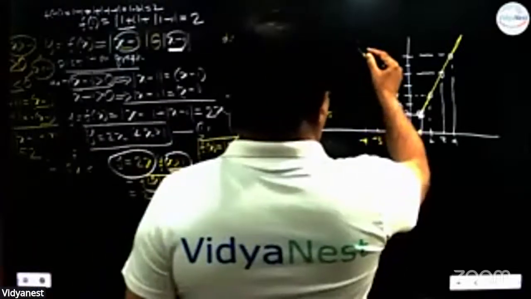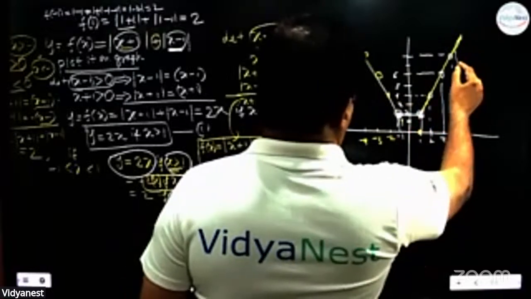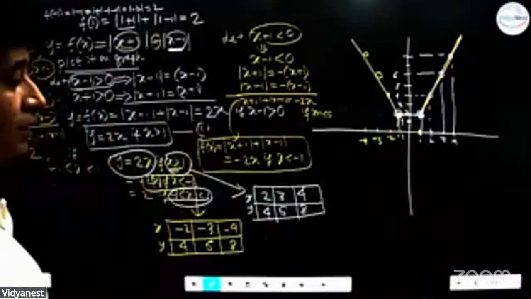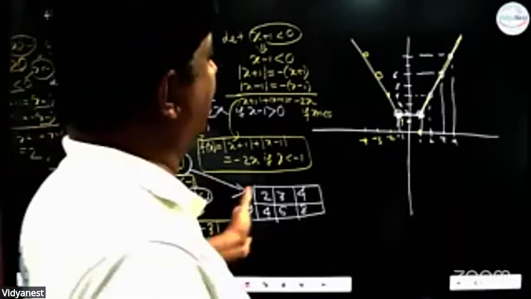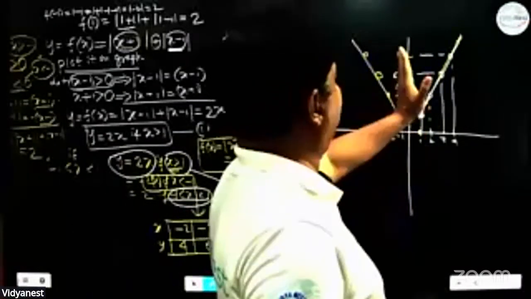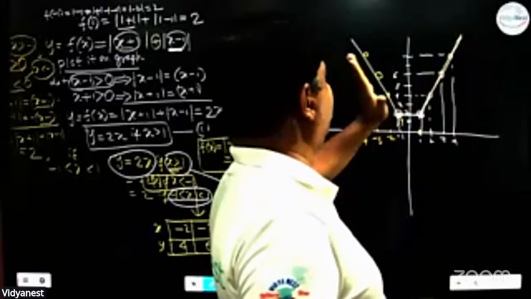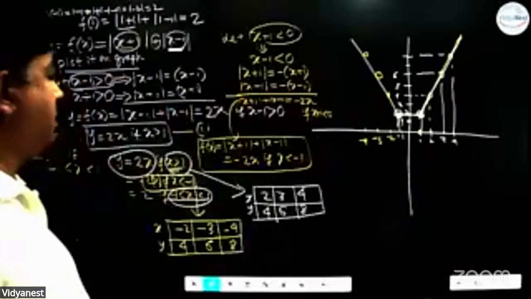So the graph will be like that. Yes or no? Yes, sir. So here also we have got that symmetry. The right hand part of the origin and left hand part of the origin are image of each other. So this is called symmetry.